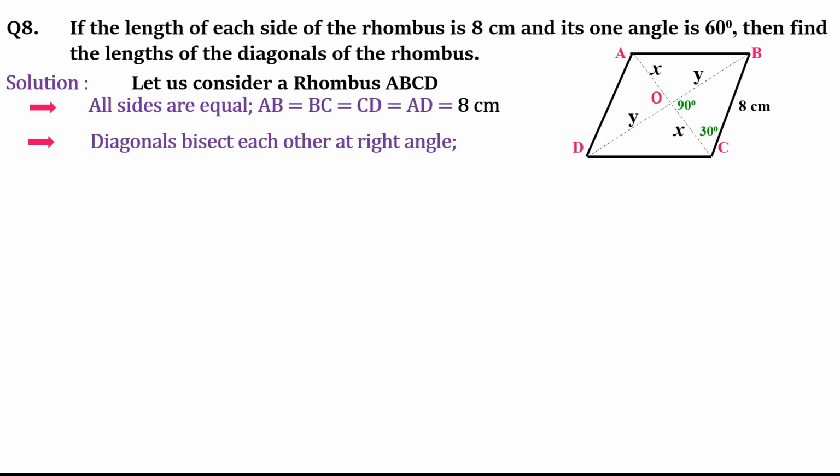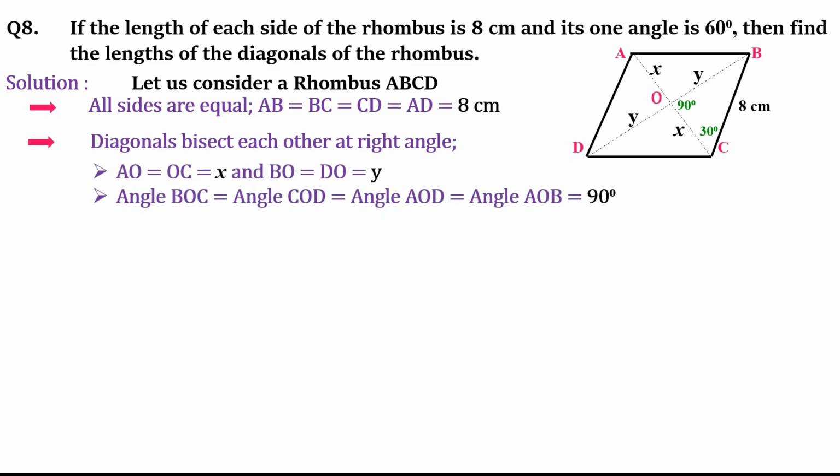That means angle AOB, angle BOC, angle COD and angle AOD are all equal to 90 degree. Okay, so here I have taken angle BOC, and I have marked in my figure angle BOC is 90 degree.